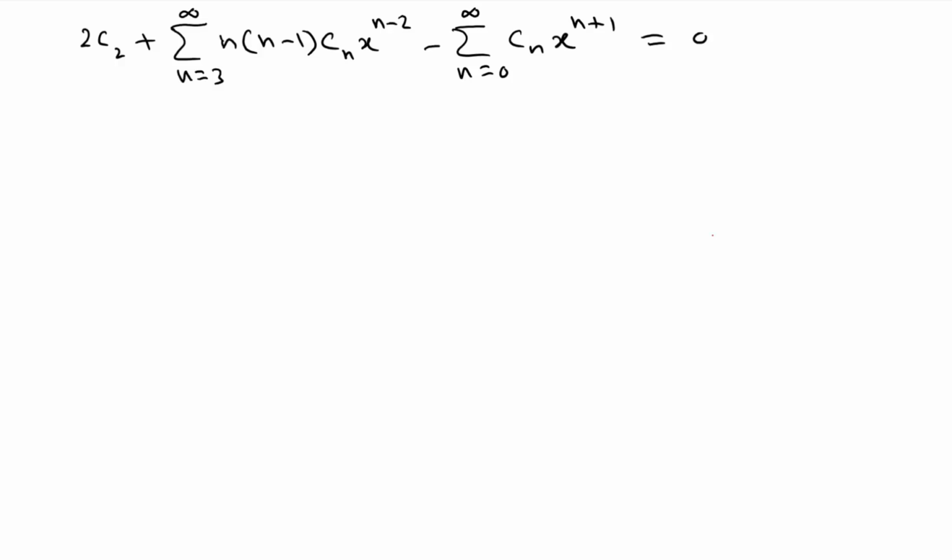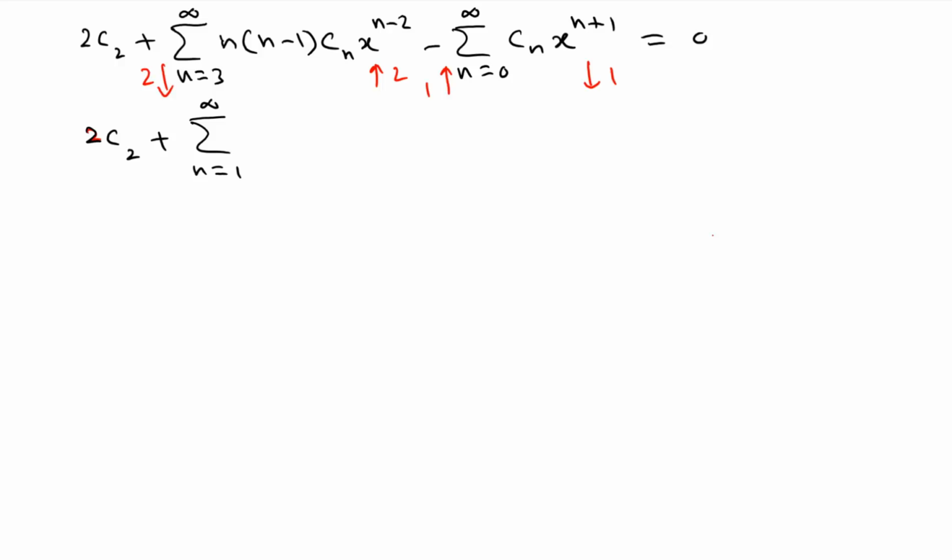Now what we can do is the index change. You see that this has to go down by 1, up by 1, up by 2, down by 2. So let's do that. Once you do that, you're going to get 2c2 plus this one changes to n going from 1 to infinity.